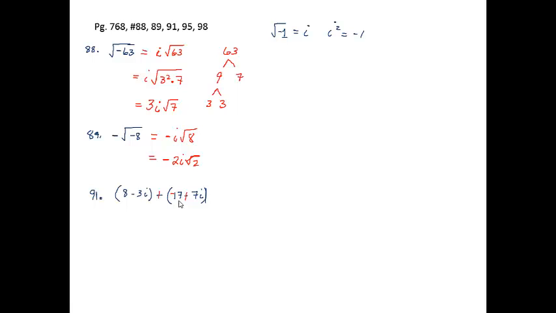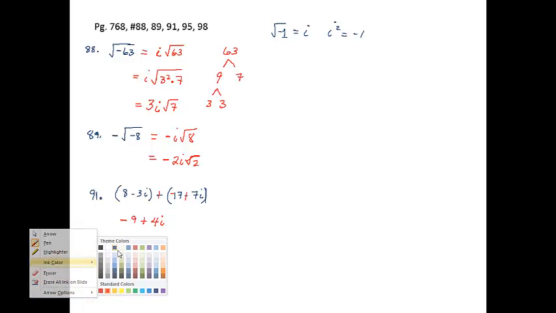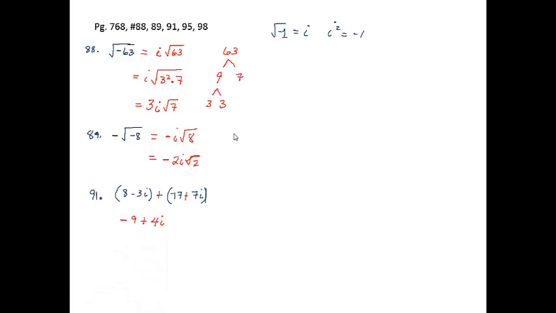So 8 plus negative 17 is negative 9. Negative 3i plus 7i is plus 4i. And they say write your answer in the form a plus bi, and there it is. Now on down to number 95.